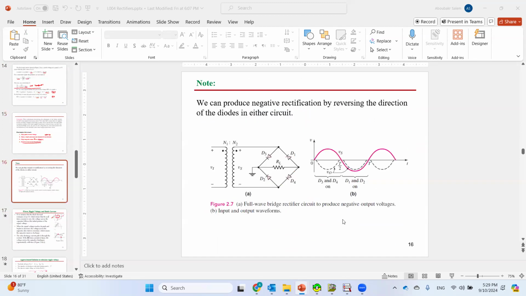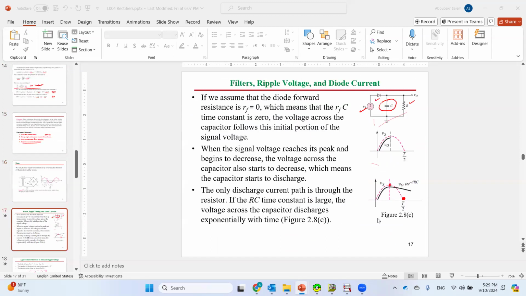So let's go more in depth today and discuss this filter and how this capacitor is going to perform smoothing for the voltage in our circuit, and how we can size this capacitor, calculate the ripples, and improve the performance of the rectifier circuit by means of this capacitor.